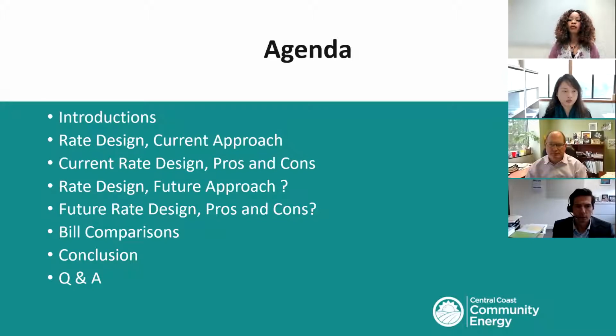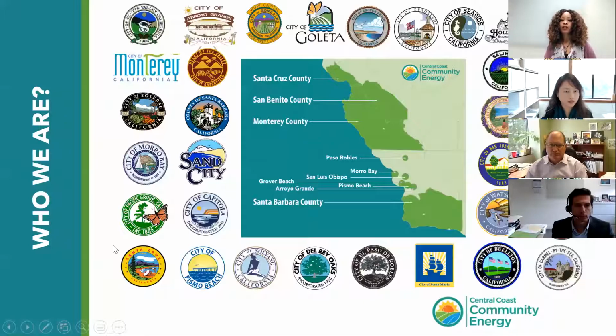So we'll cover our rate design and that future approach, what the pros and cons are of that structure, and then spend the bulk of the time on walkthroughs of what different bill comparisons will look like under the options that'll be available. I'll do a general overview at the conclusion, and then we'll open things up for questions utilizing the Q&A feature that you will find in your Zoom menu.